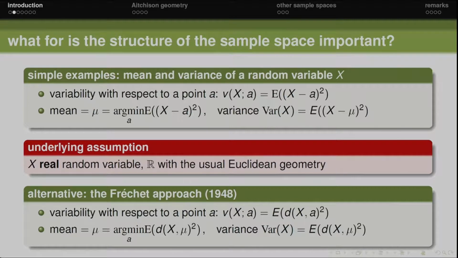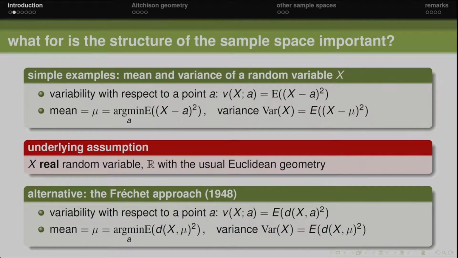Nobody is not true. Fréchet, at least, in 1948, already defined a general way to define variability, variance, and mean in general metric spaces, not Euclidean spaces.